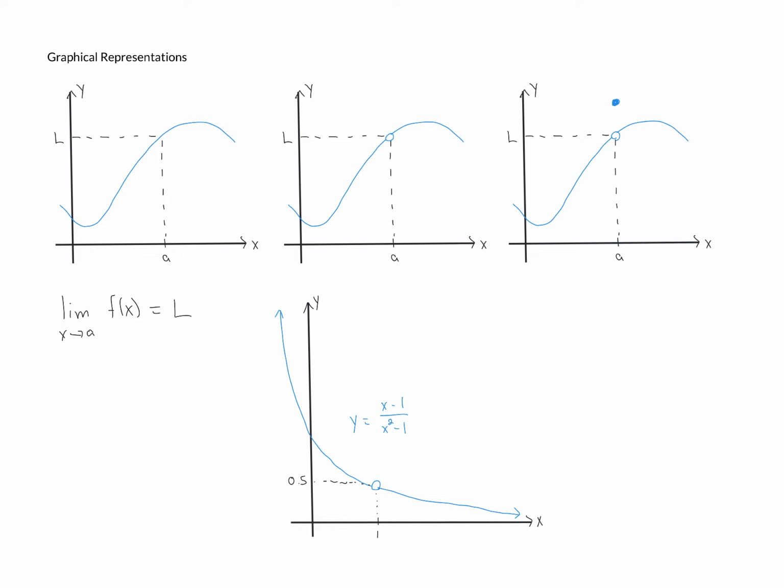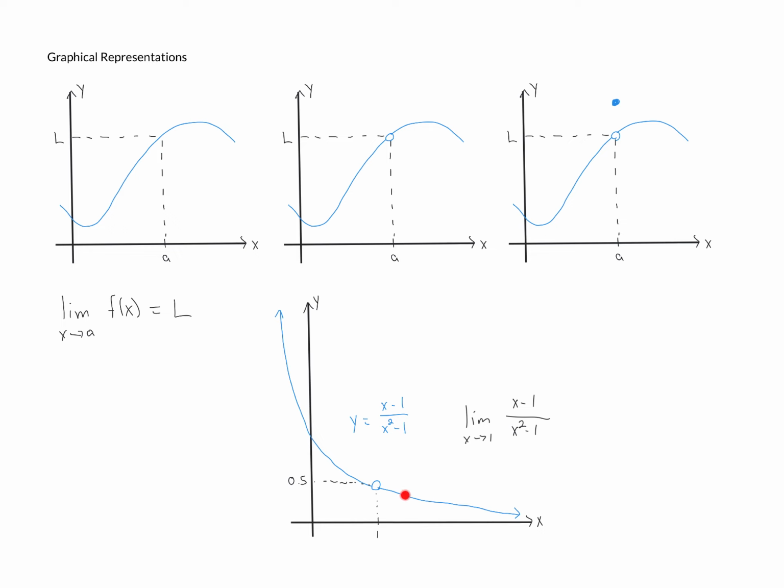If we look at this graph, remember we wanted to know the limit as x approaches 1 of the function (x minus 1) over (x squared minus 1). If you look at the graph on the right and the left, because we don't care what happens at 1, we just care what happens near 1, you can see that on the left, it's larger than 0.5, and it's getting closer and closer to 0.5.